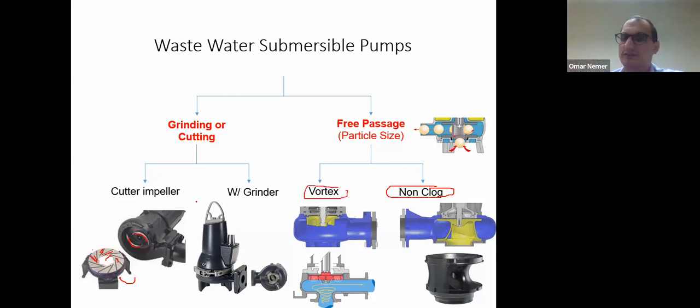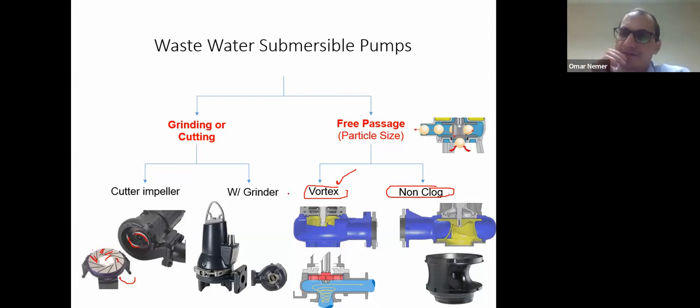It's safer, but the efficiency will be lower. If your liquid contains spongy material or hair or grass, this kind of particles is not suitable with the vortex pumps. Then it's better to go with the non-clog.